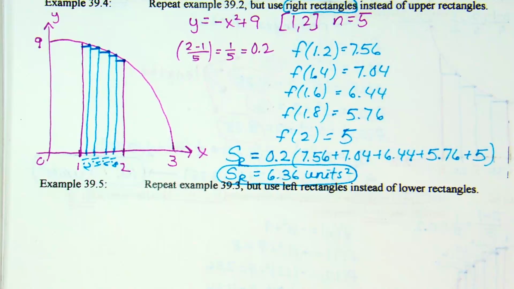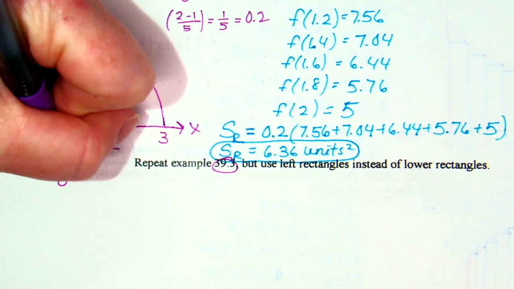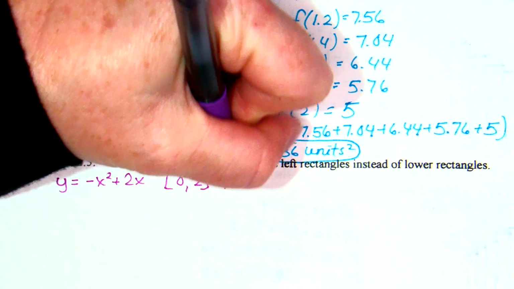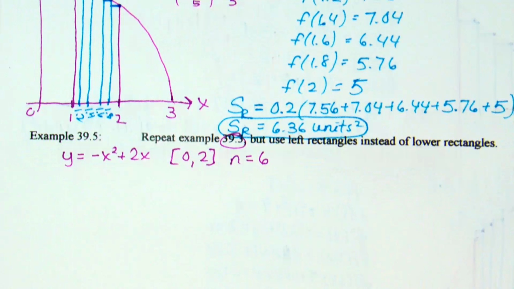Okay, example 5. This time it's repeat example 3, but use left rectangles. So if you want to know, example 3 was the bottom one we did. Y equals negative x squared plus 2x from 0 to 2, where n was 6. So this is the one where I need to draw.